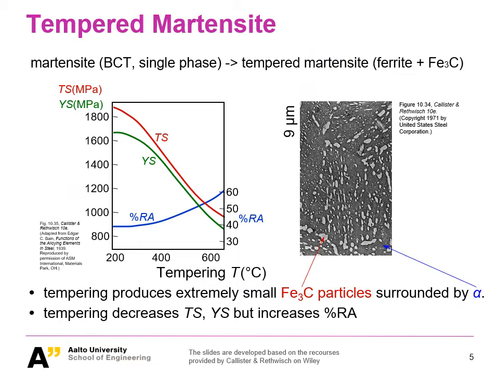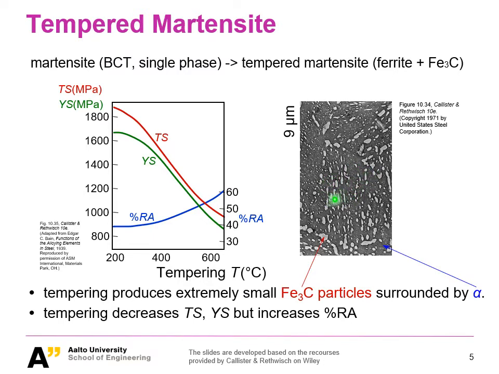If you have a look at the tempered martensite microstructure, this is what we get after tempering. You will see that finally we have rather an equilibrium phase. We will not have the BCT anymore, you will have ferrite plus cementite. All these small dots refer to cementite.